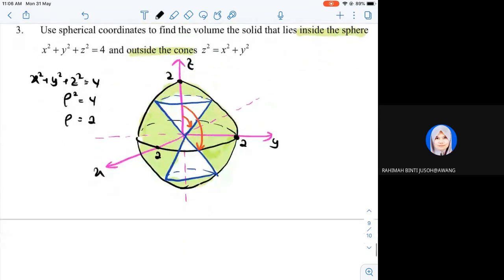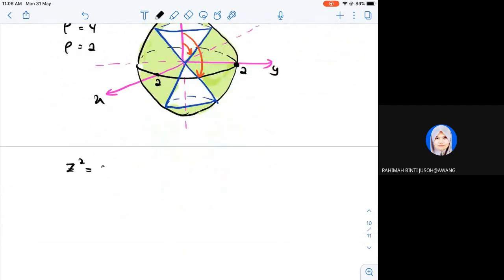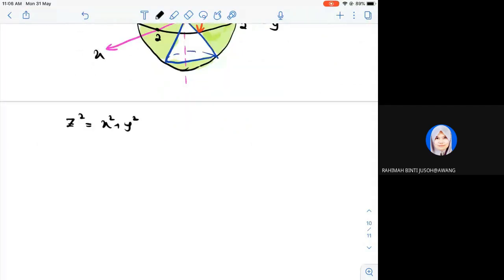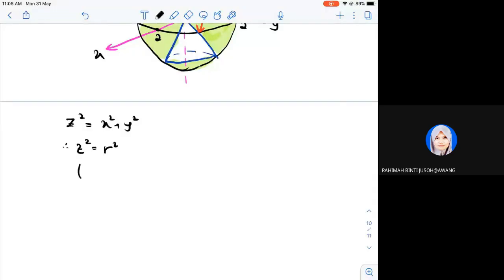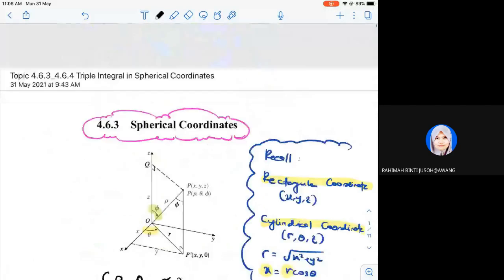Okay, now we will have a limit for phi like this. Z squared equals x squared plus y squared. Therefore, if we change to this formula, z squared equals r squared, isn't it? And then tangent, as we know, tangent phi is equivalent to r over z. Was that the right formula just now? Let's look again. Tangent phi, yes, this one.